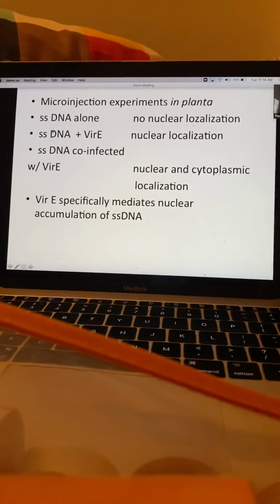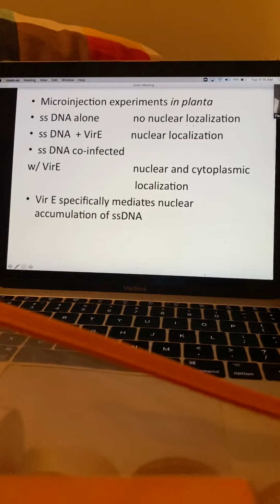If you add the tDNA with VirE, these are experiments done in planta, in the plant only, no bacteria here, so if you express the tDNA, and there are ways to do that, and VirE, you have nuclear localization. Now if you do a co-infection, then you have nuclear and cytoplasmic localization.